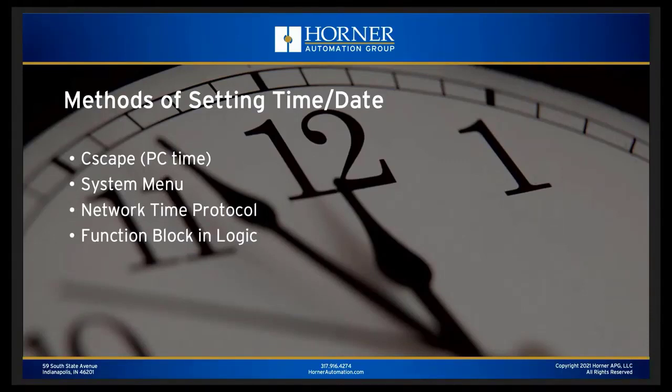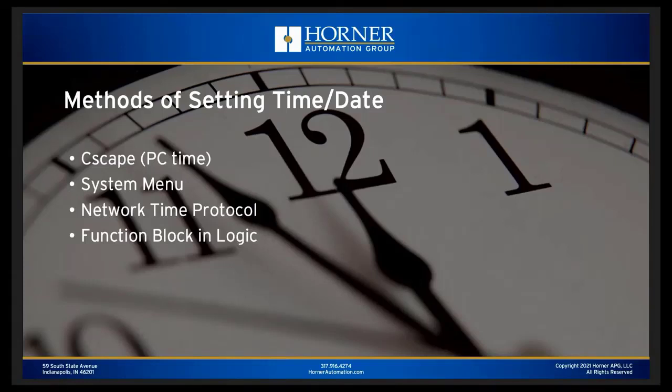There are a variety of time servers available on the web, and your IT department can set up their own time server inside your plant, for instance. And then there's also the ability to use function blocks in logic in combination with, let's say, screens that you set up for your users to access, so you can actually set the time that way.